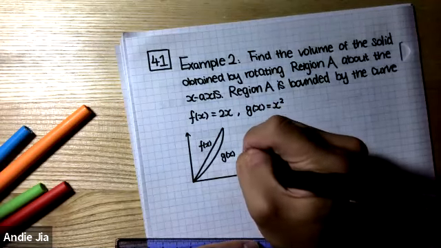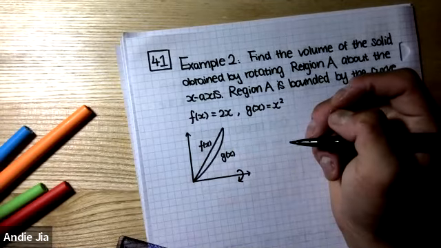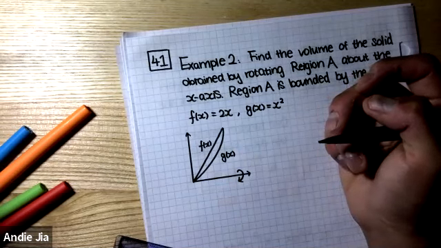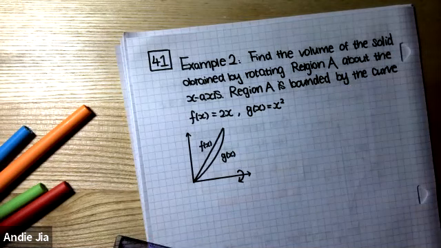We rotate them about the x-axis, and this is a washer. So we use the formula with outer radius and inner radius. Perhaps try this problem on your own and I will do the rest. Maybe pause the video.